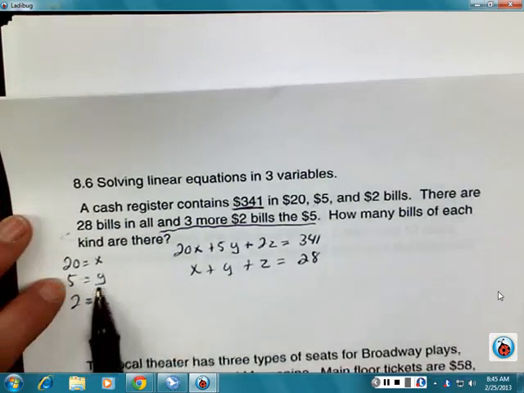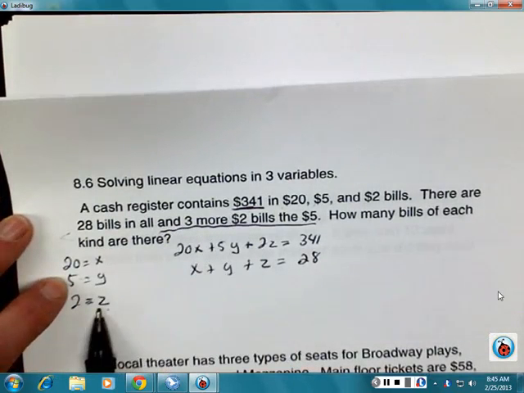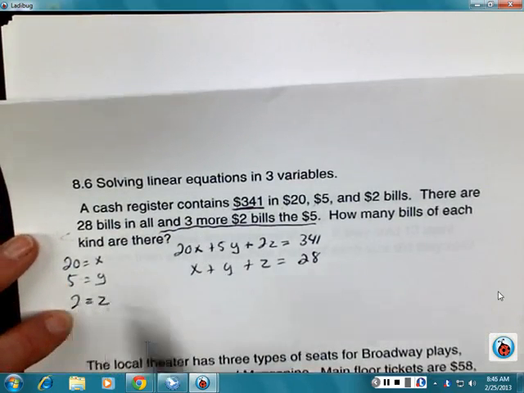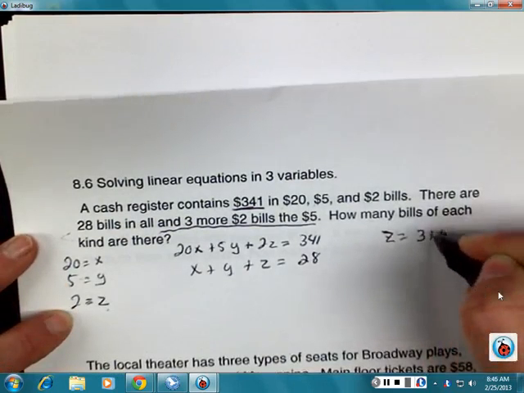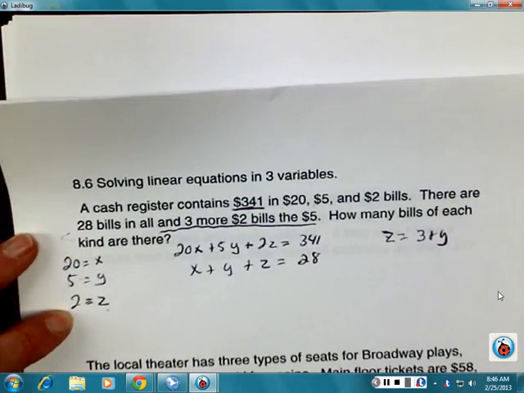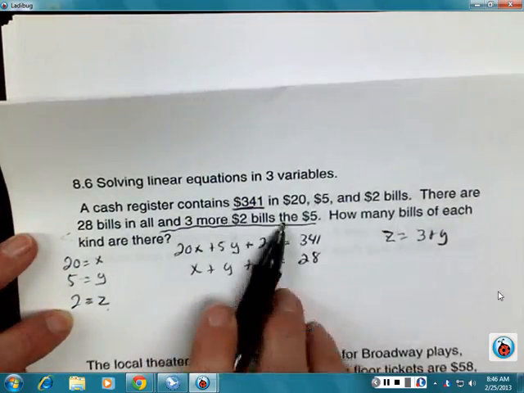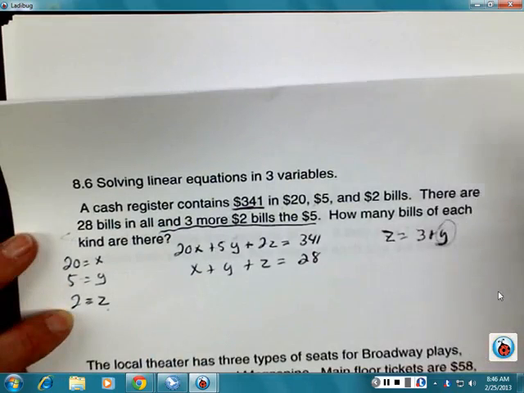Z equals 3 plus Y. You all got that? You okay with that part? Z, because Z's are $2 bills, and there's 3 more $2 bills than $5 bills. So if I know how many $5 bills and I add 3 to it, I get my answer.